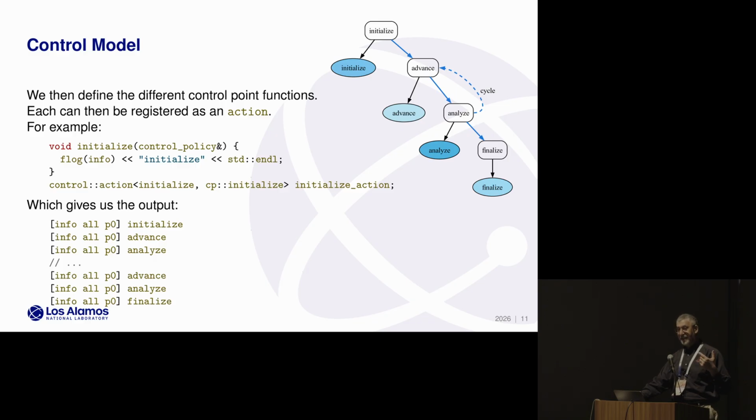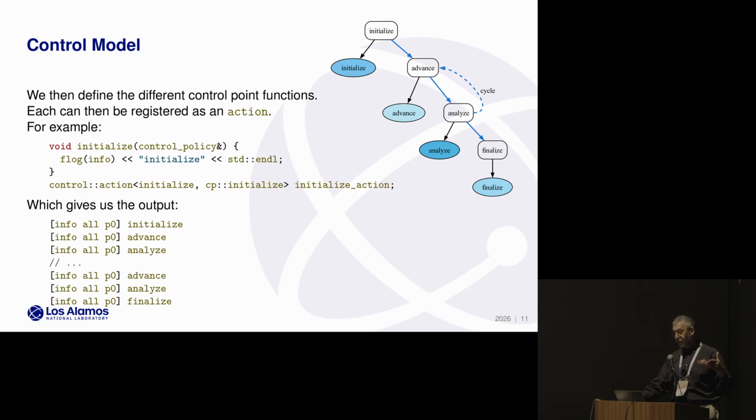It takes the initialize function. It takes the initialize control point, CP::initialize, so it'll associate those. And this is a template declaration. It's associated with a variable initialize action, which we will not actually be using in this example.